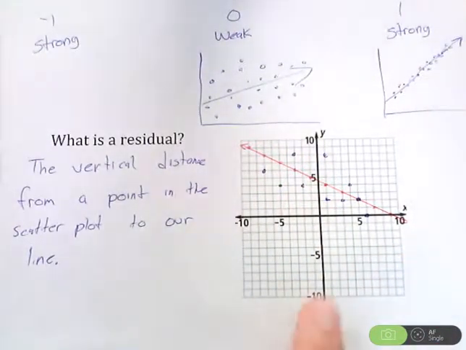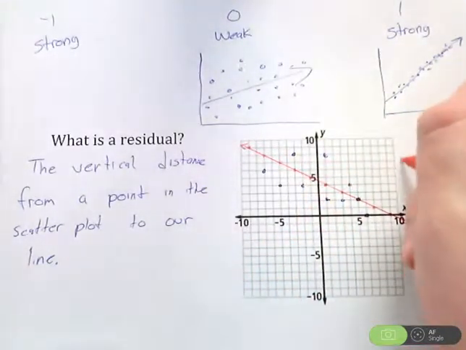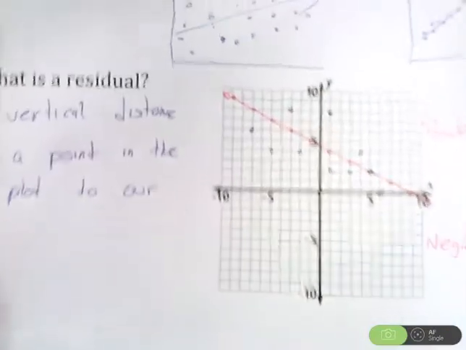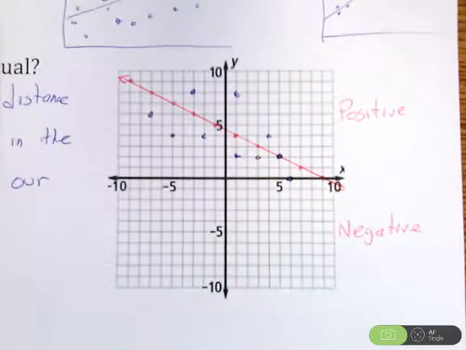But here's the catch: if the point is above the line, the residual is positive. If it's below the line, it's negative. Let me zoom in so you can get a better look.